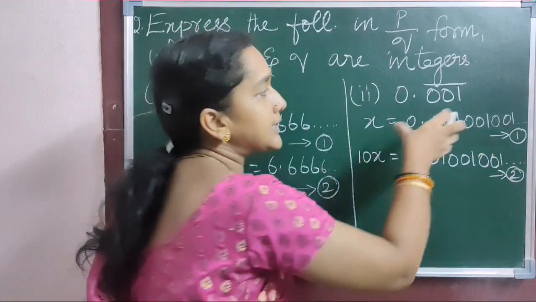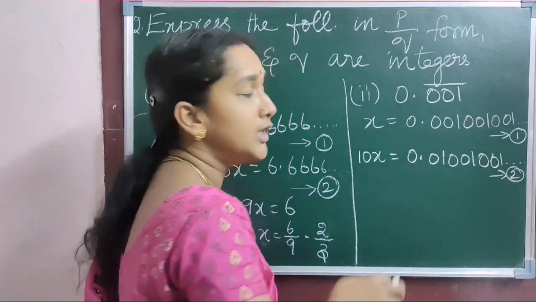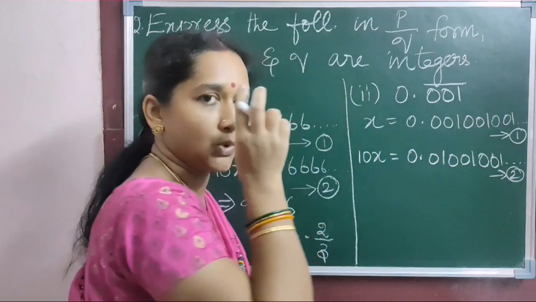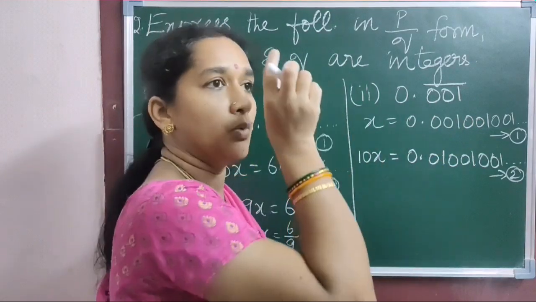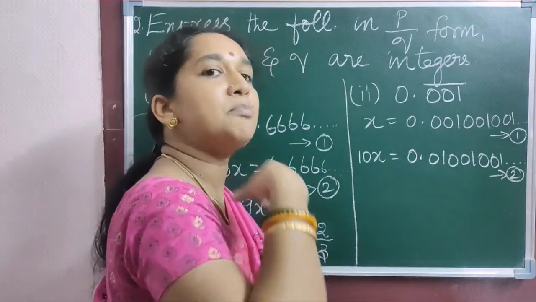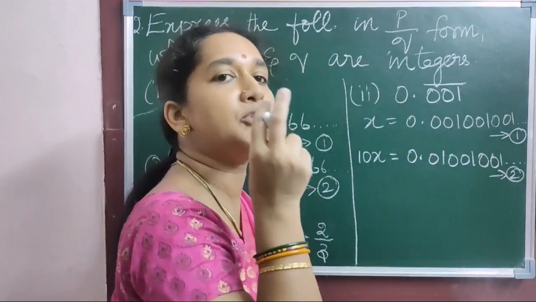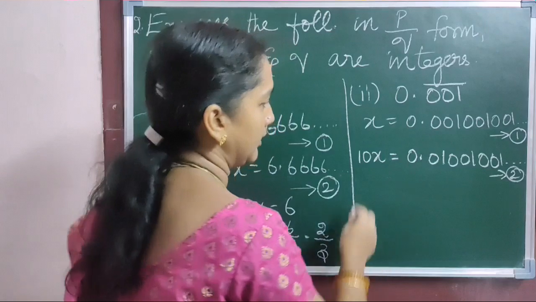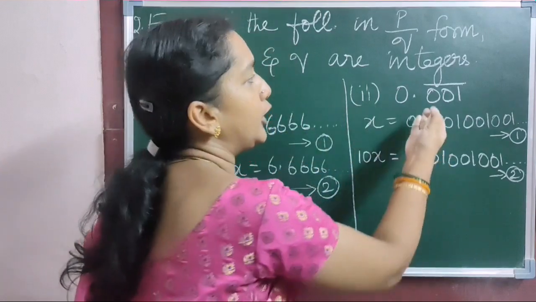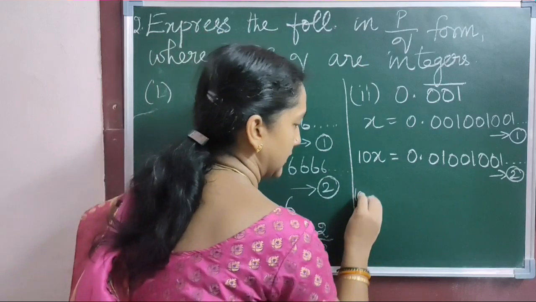So you will get the same type of decimal number when you multiply it by 1000. A simple thing is, whatever number of places you have below the bar, that many powers of 10 you have to multiply. Very simple. So we are not going to multiply it by 100. Directly we are going to multiply it by 1000.